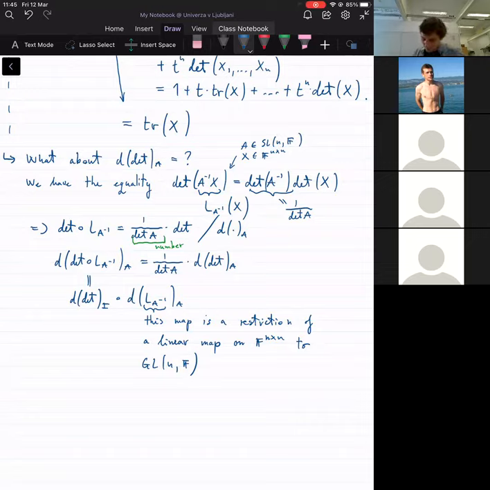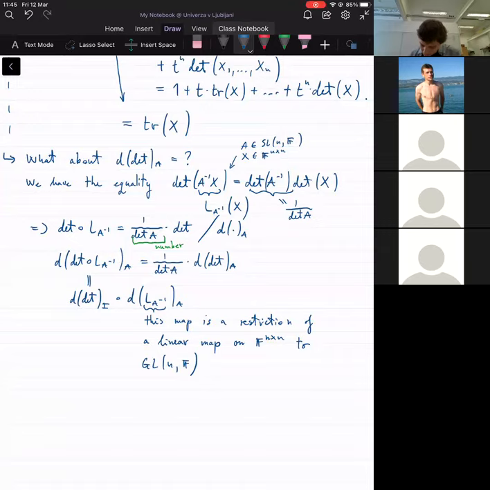How do I say this? First I have L_{A^{-1}}, the left multiplication. This is a linear map on F^{n×n}. But then I have an open subset of this F^{n×n}, called GL_n F, and I restrict this map to this set, right? To GL_n F. So the derivative of a restriction of a linear map is again the linear map itself, right? Just as in the case of any other vector space that you know of.